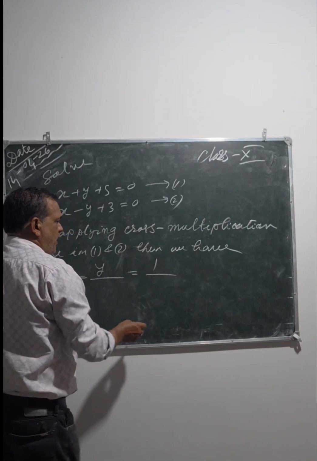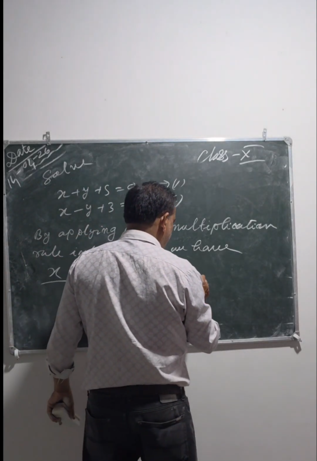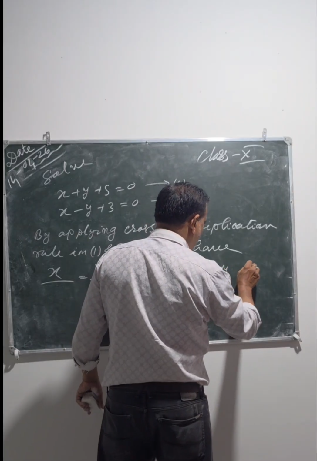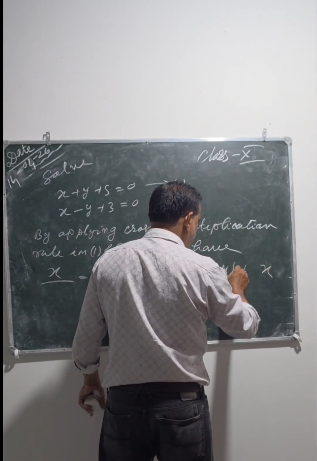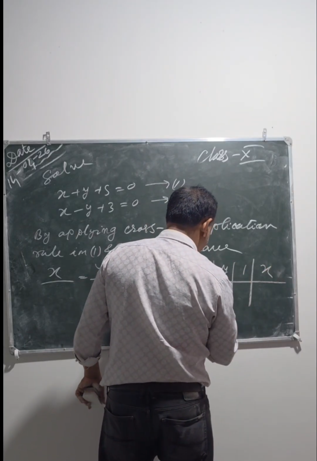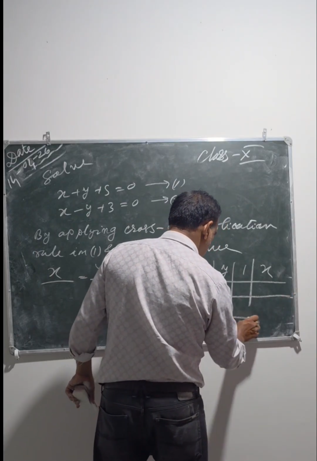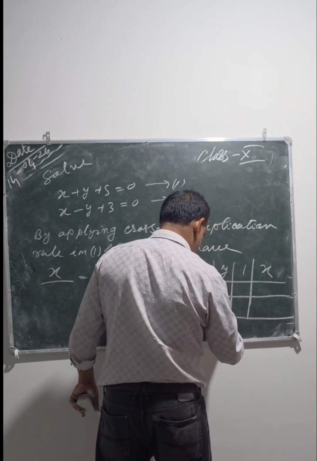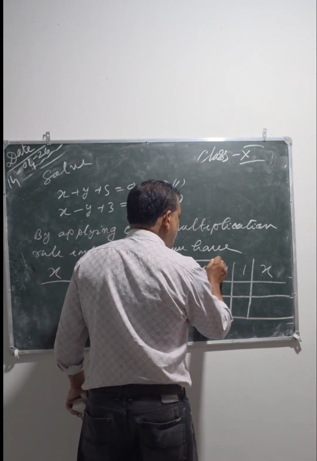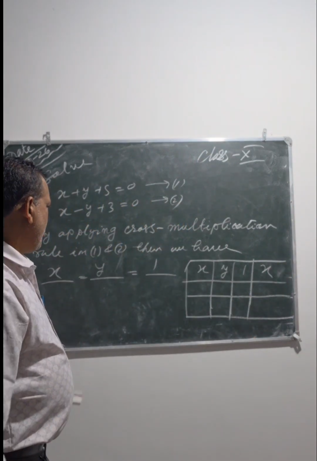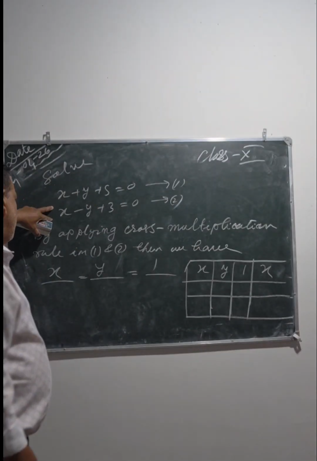Then first of all, the coefficient of x, coefficient of y, constant term, and once again the coefficient of x, suppose we repeat it. So the coefficient of x is what? The coefficient of x is 1, 1.